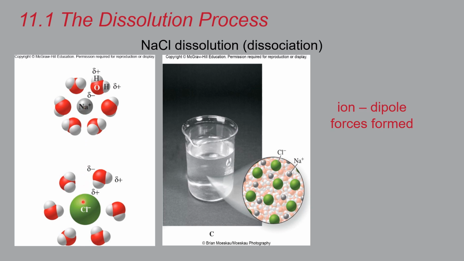What's important to note is that at this point, there are hardly any interactions at all between the sodium ions and the chloride ions. They're far enough away from each other now and are quite happy to interact with the water molecules that they don't interact with each other anymore. And that's why you don't see the crystalline solid anymore. Now these ion-dipole interactions are quite strong, and here you are making an attractive interaction, so that process releases energy.